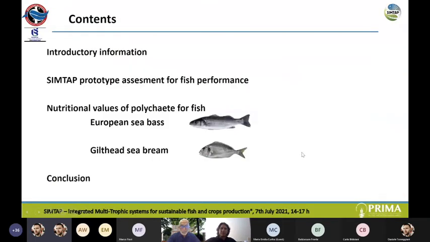Here you see the contents of my presentation. I will give a brief information about our aim, and also I will show you some of our results in terms of SIMTAP prototypes assessments for the fish performance in terms of growth and feed conversion ratio.